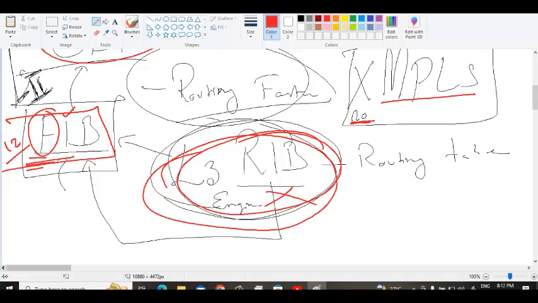MPLS is adding a layer in every packet. CEF won't do those things. CEF is just adding a buffer called FIB or CEF with all the routing information on the router only, not on the packet. When both join together, they can make your routing faster.